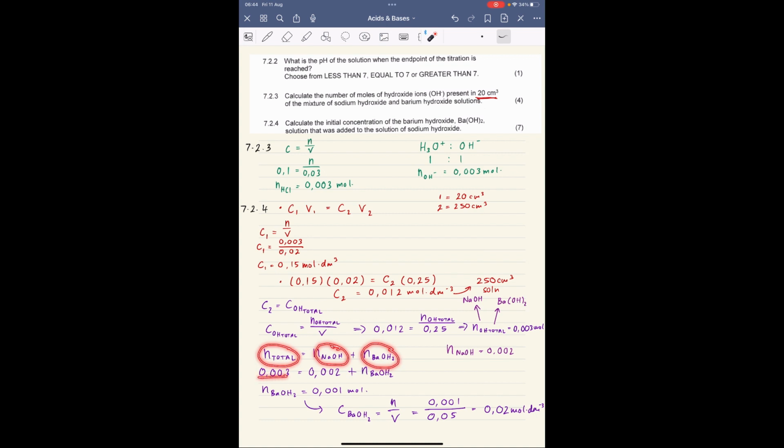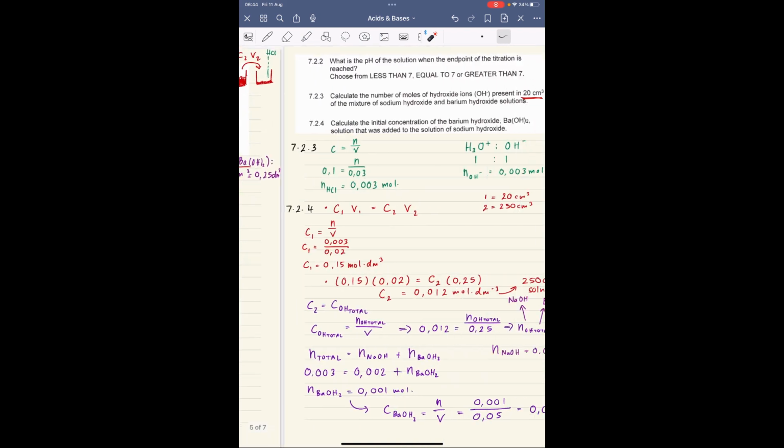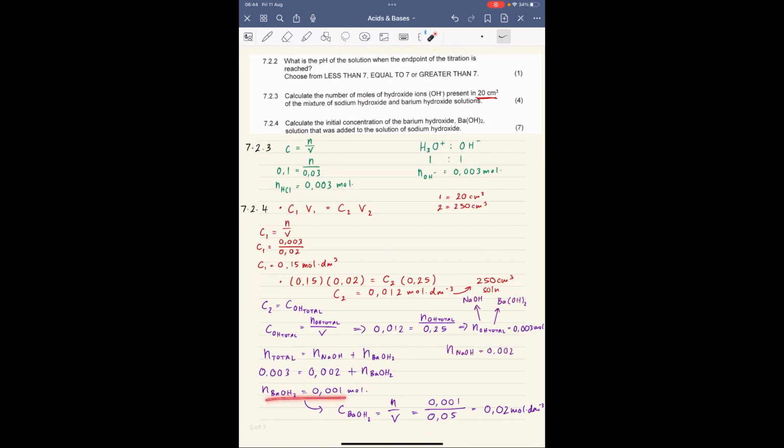I could find the moles of NaOH by using the C and V that were given to find the N, and then I can subtract to find the moles of Ba(OH)2. After that, you're just going to use the formula C is equal to N over V to find your concentration, which is the question here.